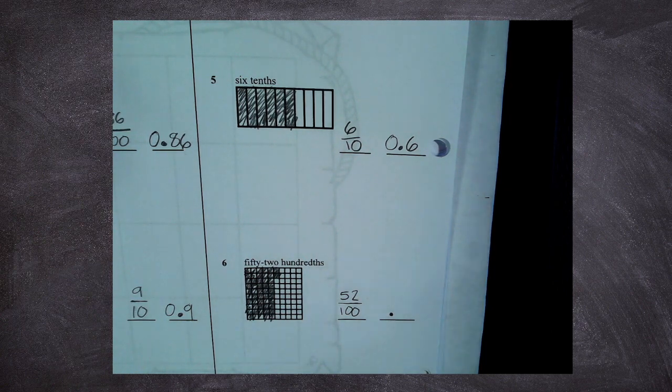If my fraction is 52 out of 100, what should my decimal be?